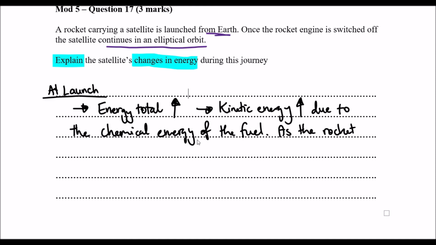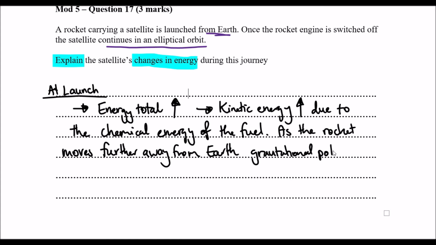So as the rocket moves further away from Earth, gravitational potential increases as well.